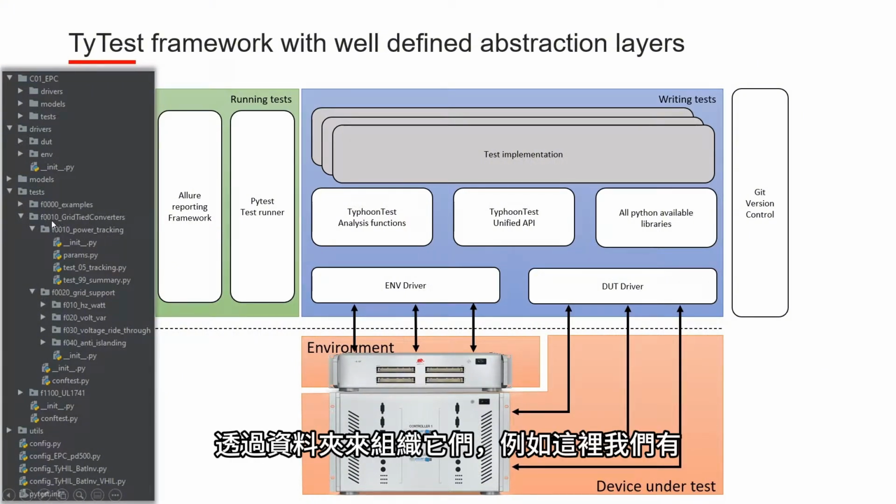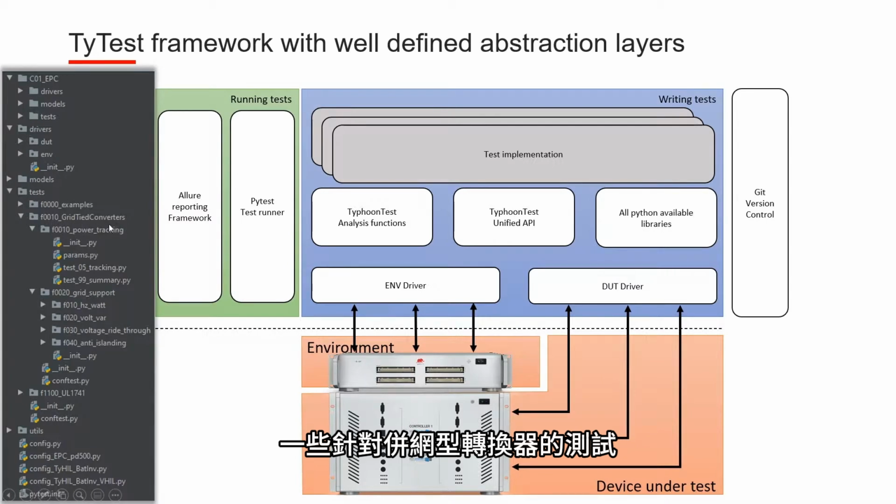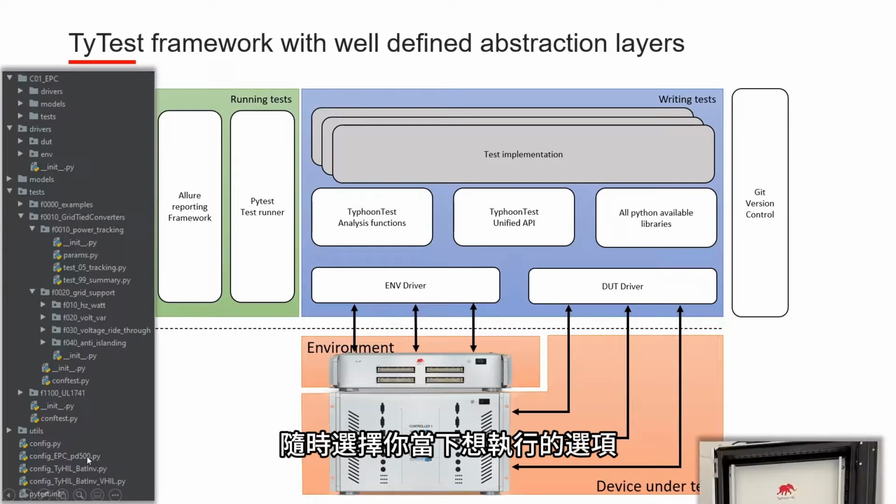For example, here we have some tests for grid-tied converters, in power tracking, or for grid support capabilities. By doing it this way, it's very easy to keep your tests organized and select which one you want to run at a given time. Also, you can have all the drivers for different manufacturers, different environments, all in the same place, and this way you can select which one you want to run at a given time.